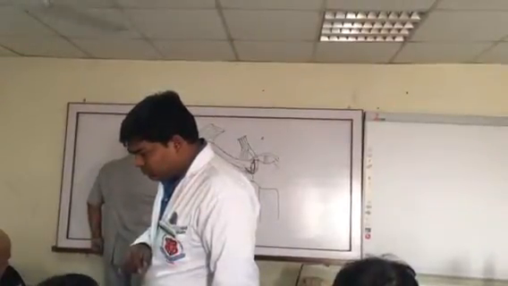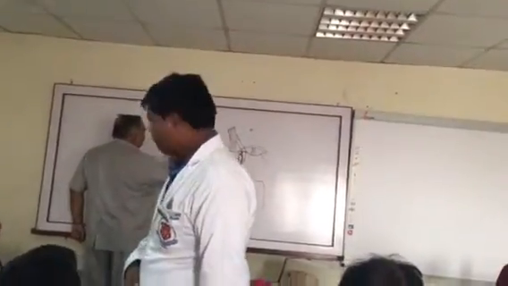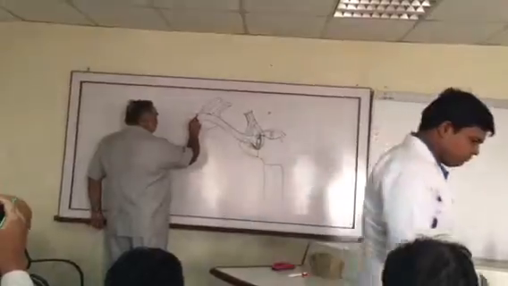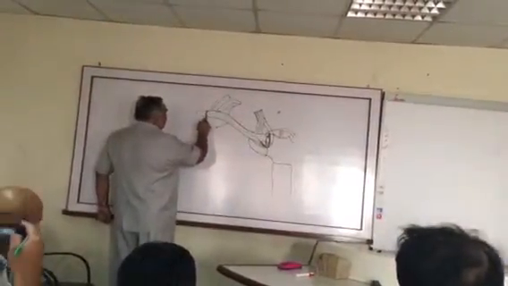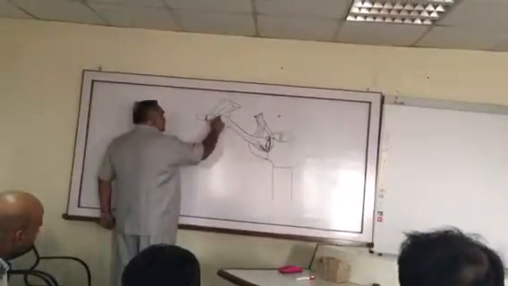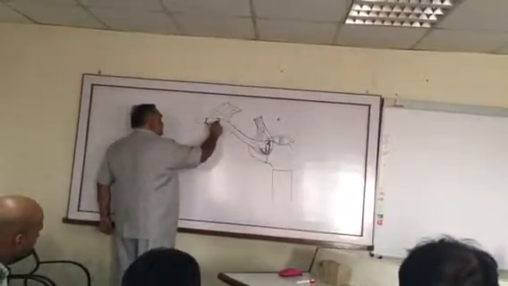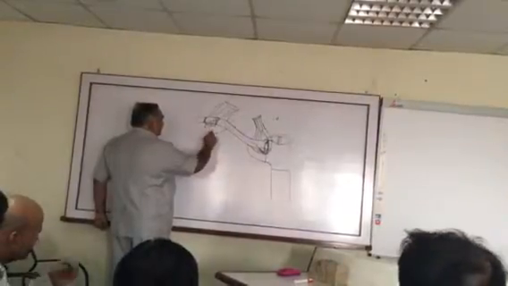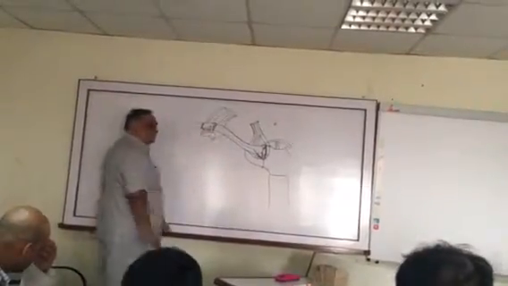From the anterior border you have deltoid. Here it articulates with the acromion process, the acromioclavicular capsule, the coracoclavicular ligament, the conoid and the trapezoid part, right, articulating with the coracoid.